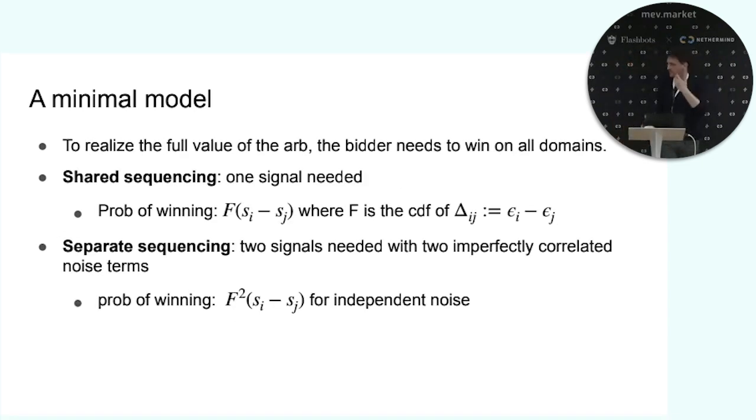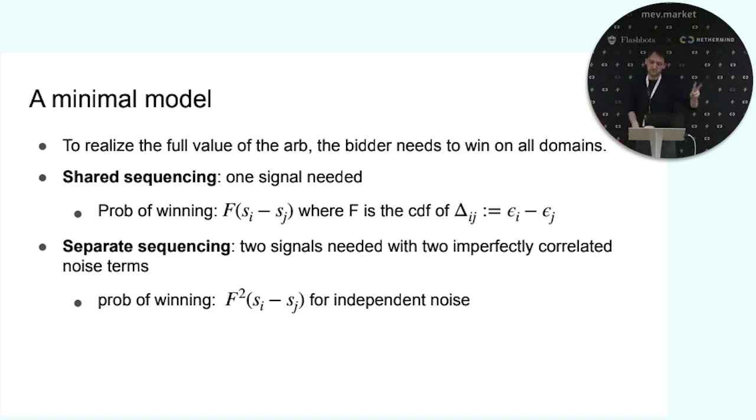And now you have a bit of a grip on what it does to competition if you compare a shared sequencing regime to a separate sequencing regime. It's simply for the fact that you now compare a situation where you need to win one global competition versus a situation where you need to win several local races, right?